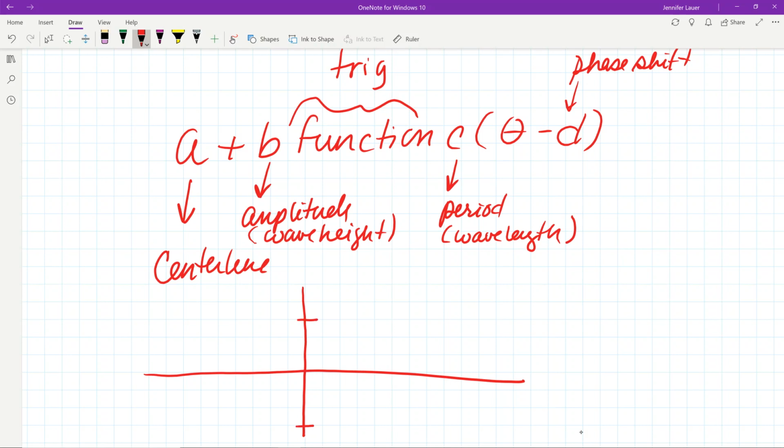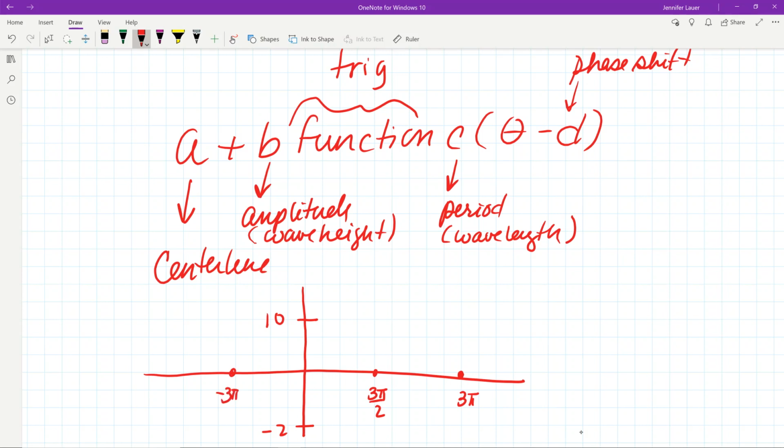1, 2, 3, 1, 2, 3. This is going to be 10. This is negative 2. This is 3 pi over 2. This is 3 pi. This is 1, 2, 3, 4.